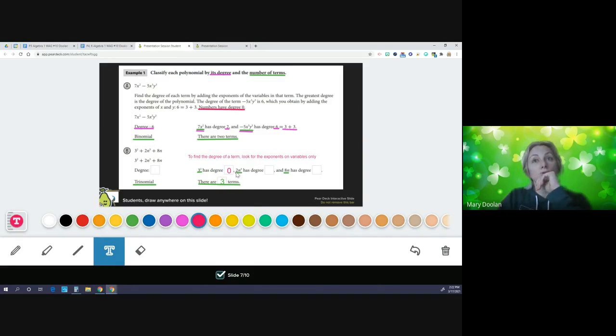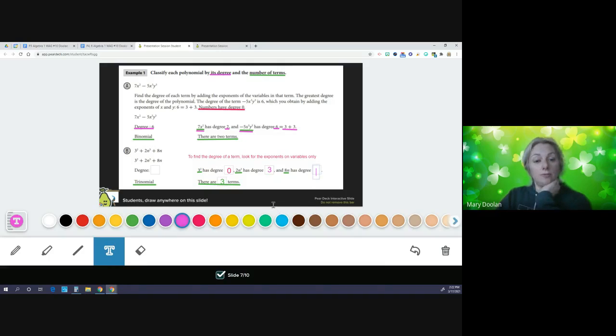For the next one, 2n cubed, look for a variable. N is a variable. Look at its exponent. 3 is its exponent. That's the only exponent, so if I add up all the exponents, it's just 3. I don't have anything else to add it to. And then the last one here, 8n.